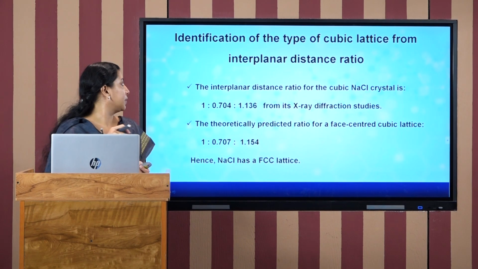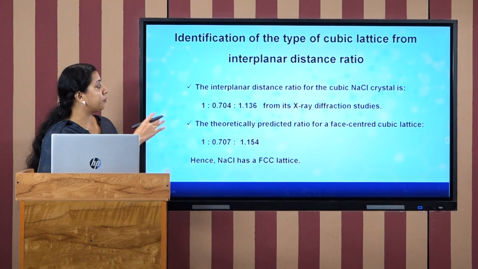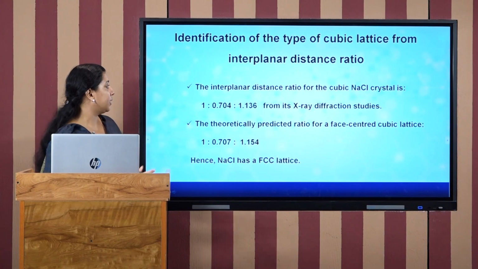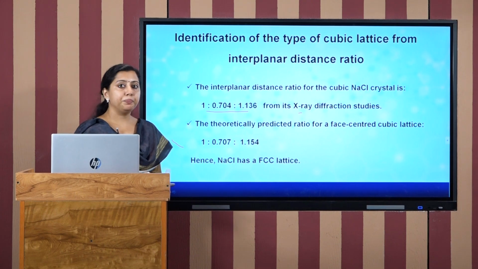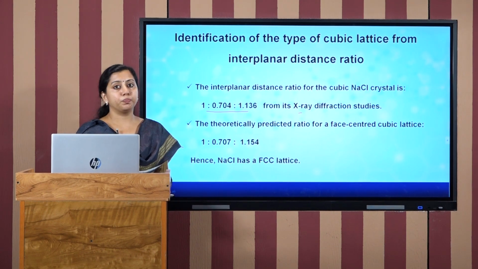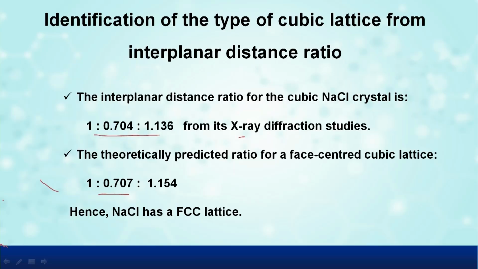For example, the interplanar distance ratio for the cubic sodium chloride crystal is 1 is to 0.704 is to 1.136, as obtained from the X-ray diffraction studies, that is, the experimentally obtained value. However, the theoretically predicted ratio for an FCC lattice, as we have seen earlier, is 1 is to 0.707 is to 1.154.